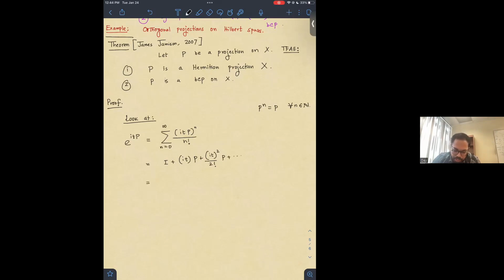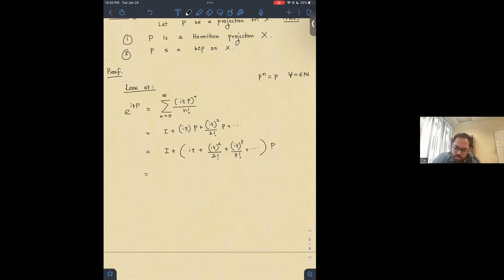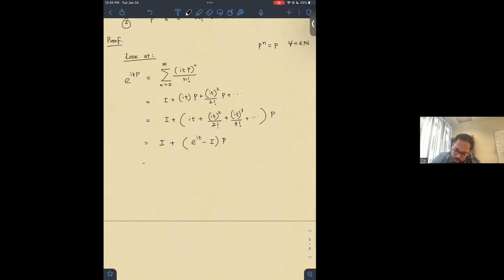So I can pull out I, and then I can write this as it plus (it) squared over factorial 2 plus (it) cubed over factorial 3, and it goes on like that. By our knowledge of calc 2, this is nothing but a series, e to the it minus identity, acting on P. Now I can pull out an e to the it from the entire expression.